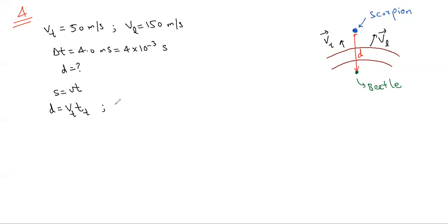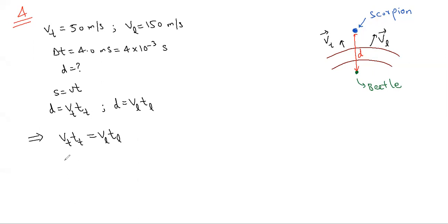Similarly, I can also write d is equal to v sub l t sub l, because both follow the same equation of motion and the system is non-accelerating. So by comparing these two equations, I can write v sub t t sub t equals v sub l multiplied by t sub l.